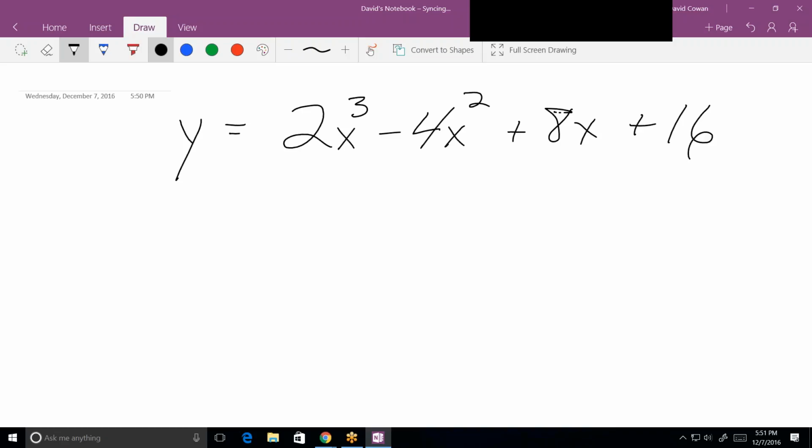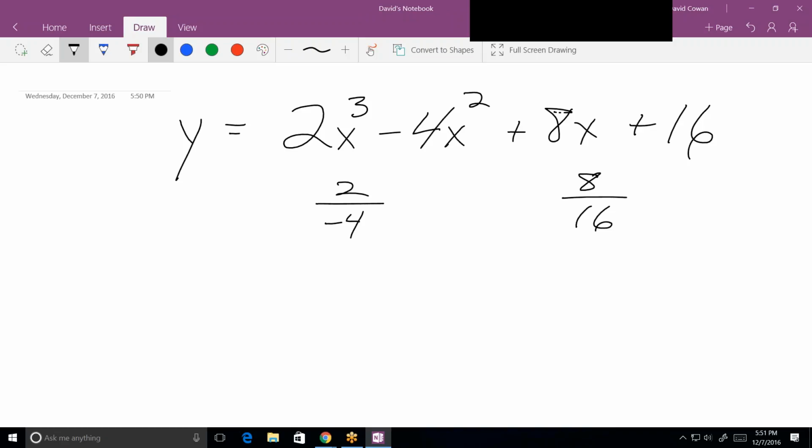Well, no, because that's not equal to 1/5. No, it doesn't have to be equal to 1/5. That was only that problem. What has to be equal is the ratio of this coefficient divided by this coefficient has to be the same as the ratio of this coefficient divided by that coefficient. So 2 divided by minus 4, is that the same as 8 divided by 16? Yes.